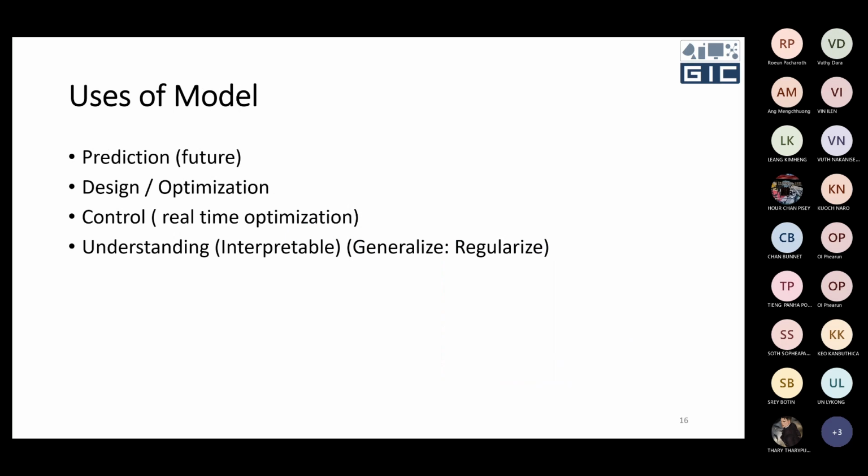When you try to form some kind of dynamic system, you always ask the teacher, when you try to form the system, what is it used for? Why did we do it? When you try to form a model of a dynamic system, in the popular way in machine learning algorithms, it is used for prediction.